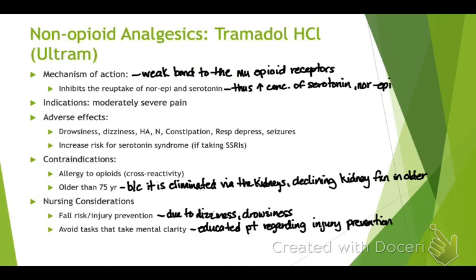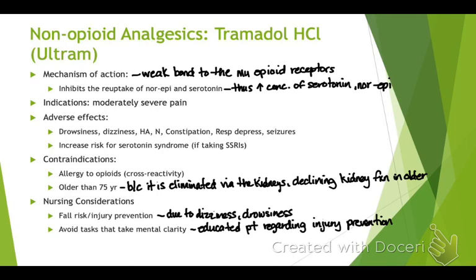Okay, so another non-opioid analgesic is tramadol hydrochloride, or Ultram. Ultram creates a weak bond to the mu opioid receptors. It will inhibit the reuptake of norepi and serotonin. It is used for treatment of moderate to severe pain.